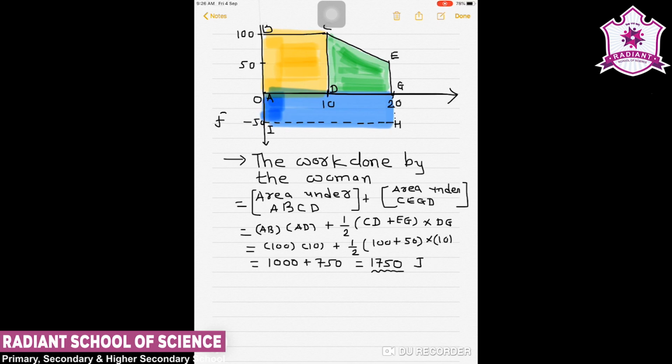Second, the work done by the frictional force equals the area of the rectangle ODGHI, the area under OGHI.